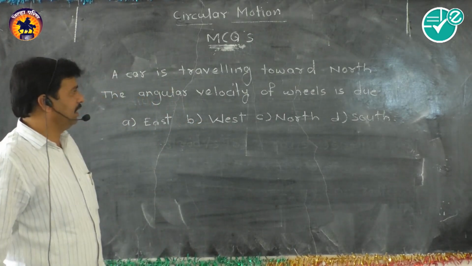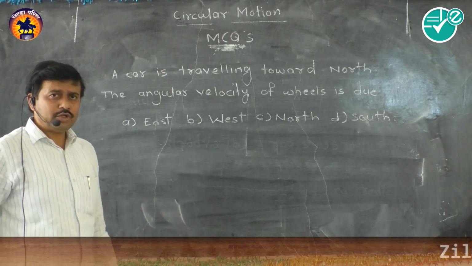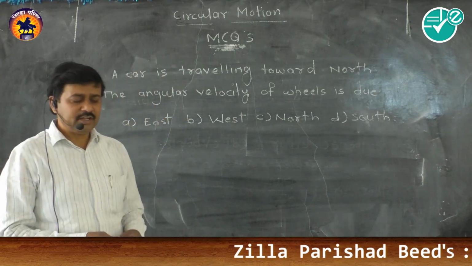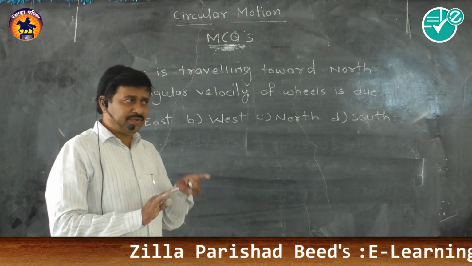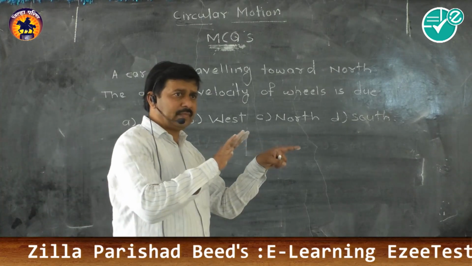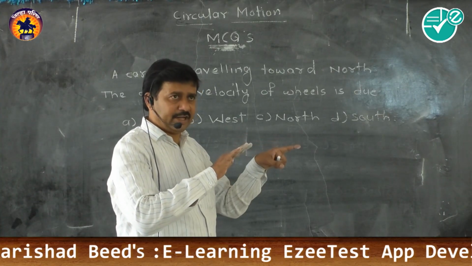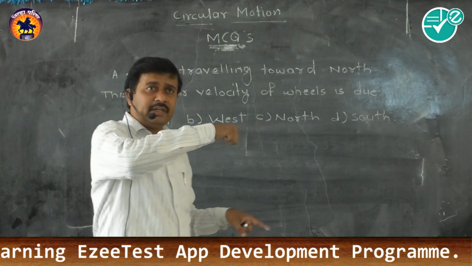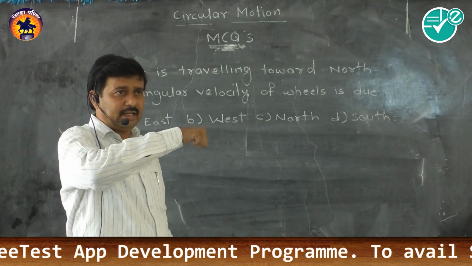So here the motion of the wheels of the car is to be taken into consideration. If this is north, suppose the car is heading in this direction, the wheels will be revolving in this direction.